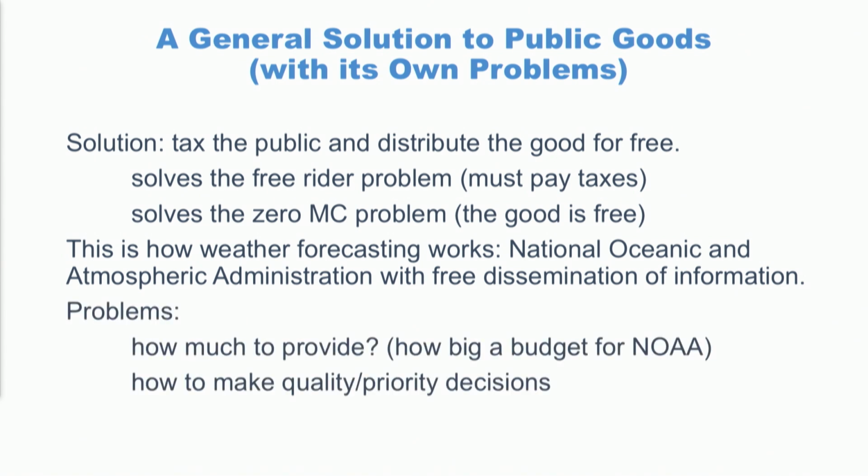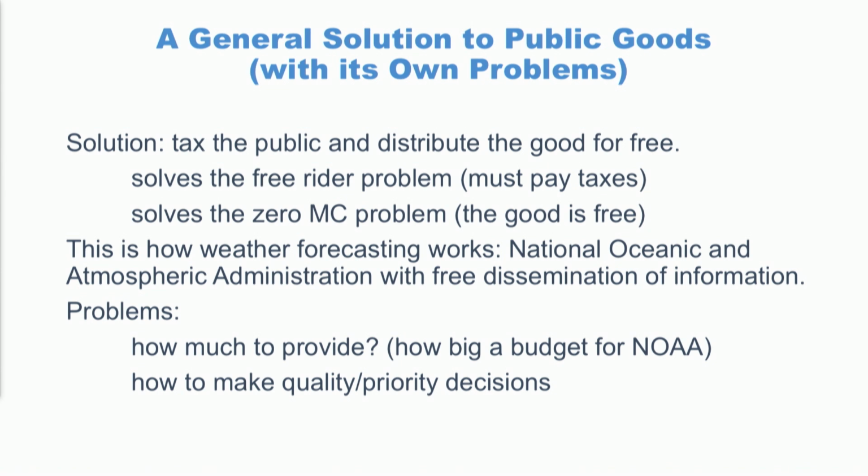Nevertheless, while in theory it answers the questions that we would pose to it, it does come with some problems. It doesn't answer the question of how much we should spend to provide this service, a little bit or a lot. Do we do a lot of the service? What the quality of the service should be? And it doesn't help us prioritize because, after all, there are many, many public goods in society.